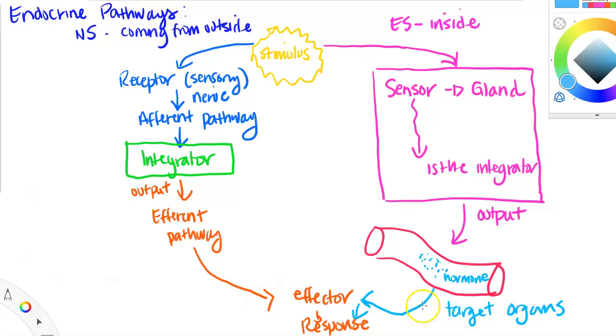It's not really directional in that it goes everywhere. When the hormone goes into the blood, it's circulating throughout the entire body. So, as we saw in the last video, the endocrine system is general, where the nervous system is specific to a specific effector.